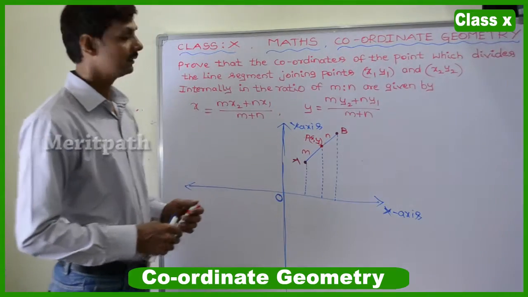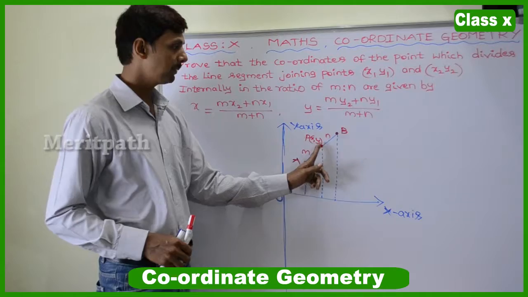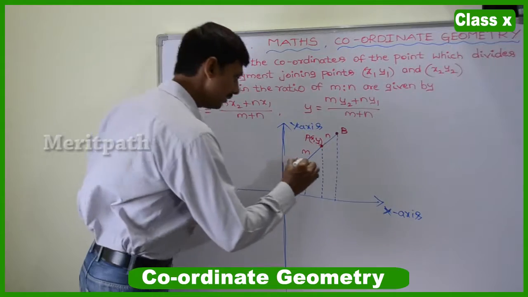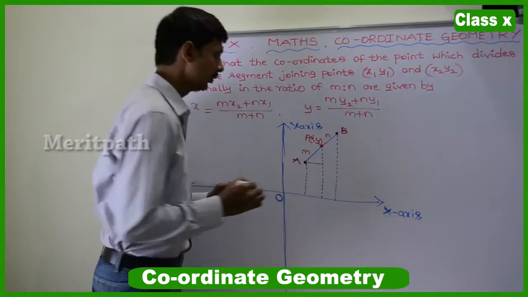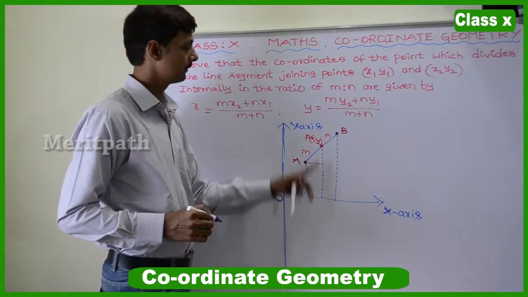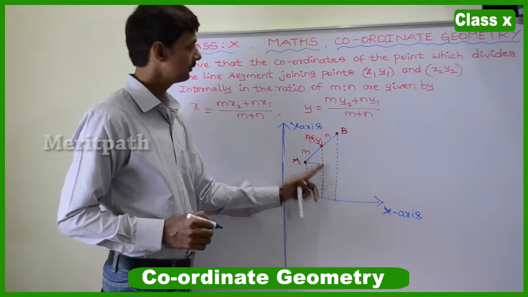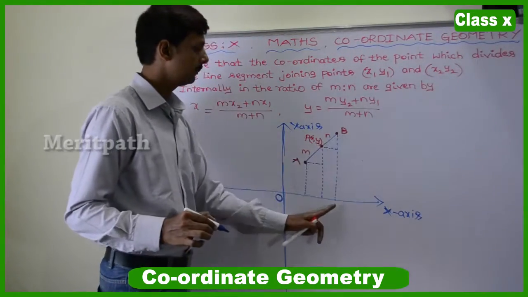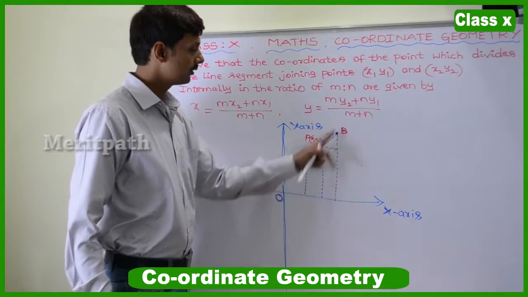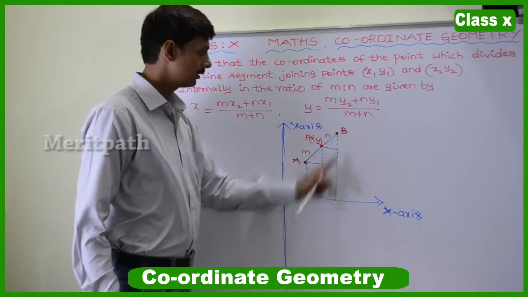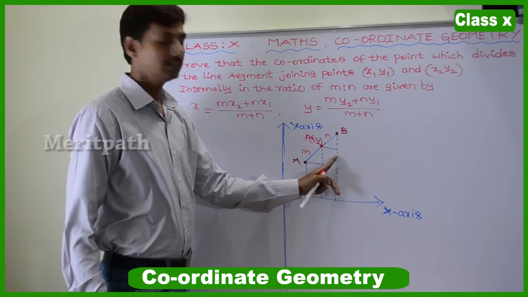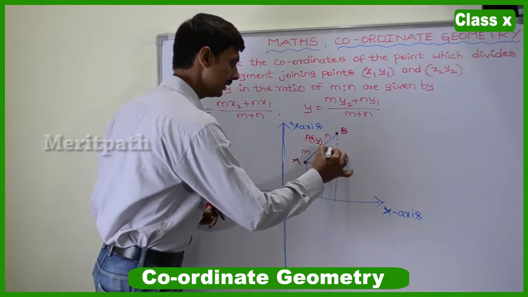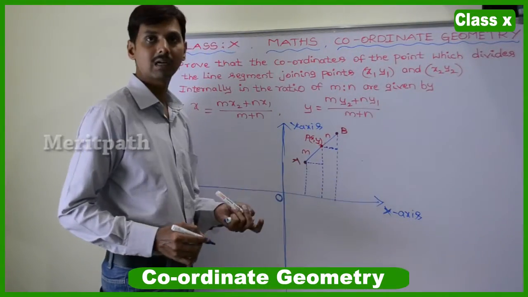After drawing the three perpendicular lines from the points A, P, B, let us draw another perpendicular line from A to the line through P, and another from P to the line through B. So we join a perpendicular line here, and this is another perpendicular line.